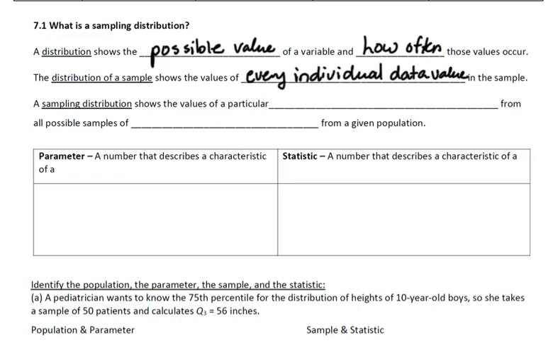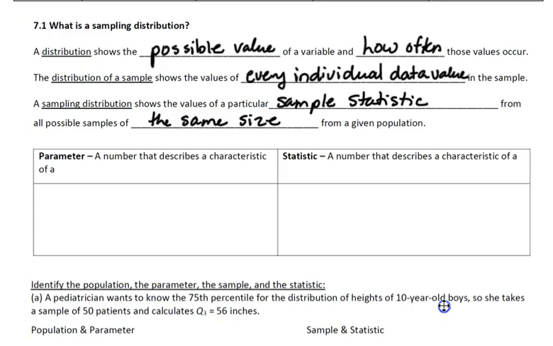Now we're going to contrast that with what's called a sampling distribution. The sampling distribution shows the parameter of a particular sample statistic from all possible samples of the same size from a given population.